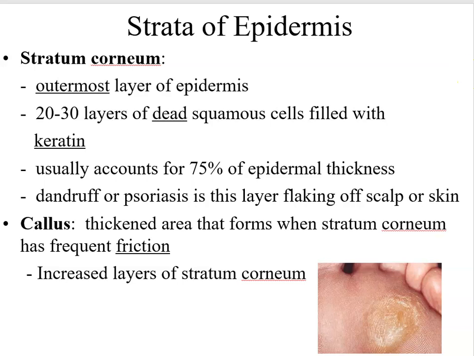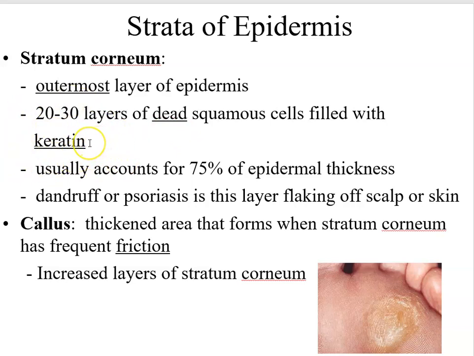The stratum corneum is your most superficial layer or outermost layer of the epidermis. It's usually pretty thick, average 25, but could be 20, 30 layers of dead squamous cells filled with this tough fibrous keratin.